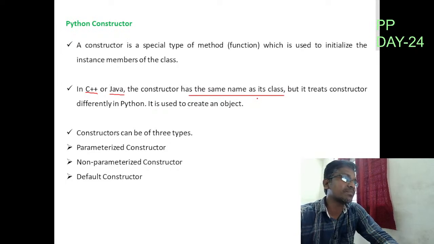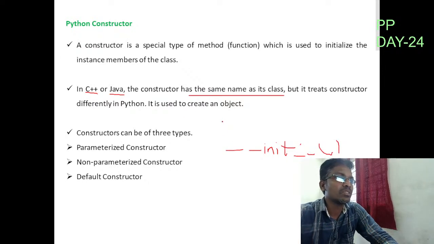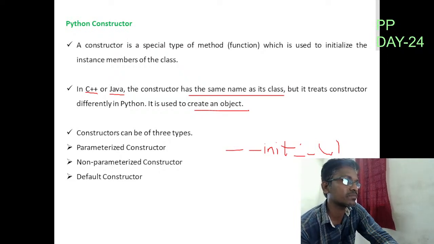Whereas in Python it will be different. By using the underscore init underscore function, you have to create the constructor in Python. By using this function, you create objects in Python, as well as allocate the memory space for the variables.